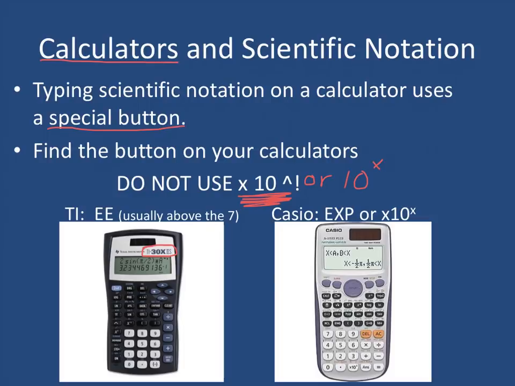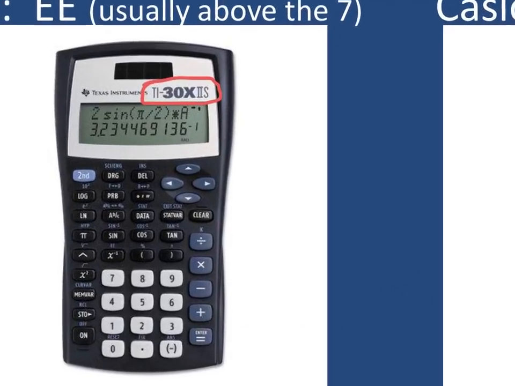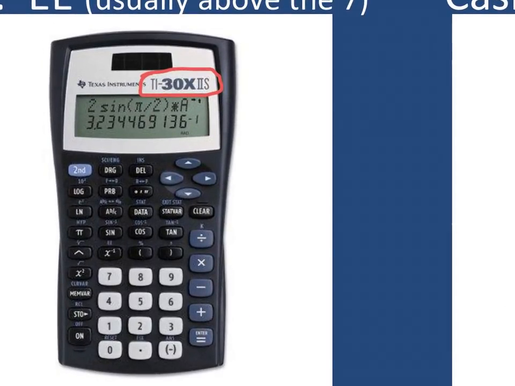So, as I go in here, one of the things you can't see too well when I zoom in is where this EE is. And it is actually right there. Alright, on the TI-30X2S, it is right above the 7, which is where it is on most TI calculators, but it is hidden as a second function.